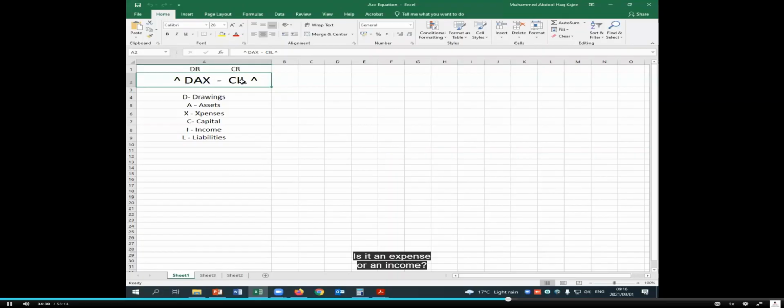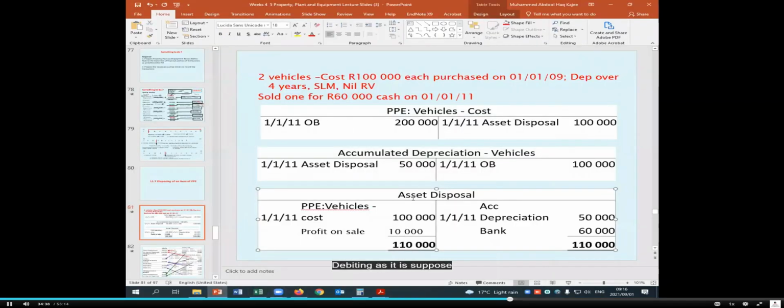Is it an expense or an income? Income goes up on the credit side. Therefore, it's a profit. So that means the account is profit on sale.